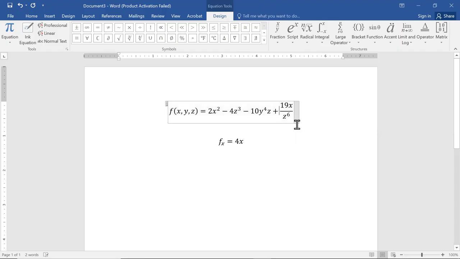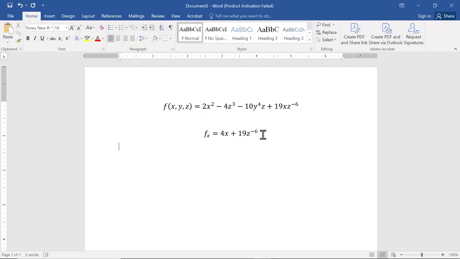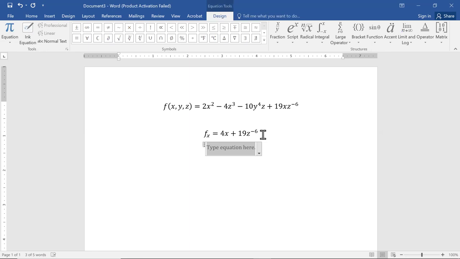This 19x over z to the sixth, I'll think of as 19x times z to the negative sixth. If I take the derivative of that with respect to x, that's 19 times z to the negative sixth. So my first partial derivative, f sub x, is 4x plus 19z to the negative sixth.